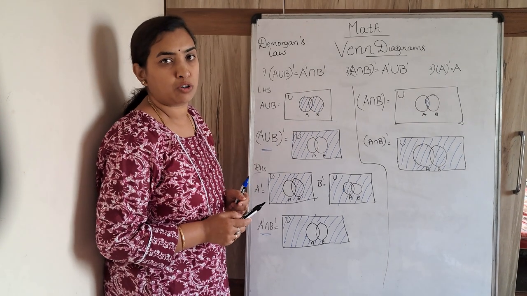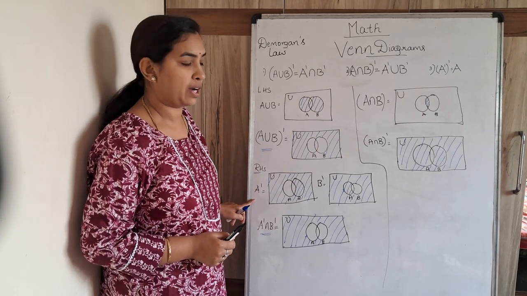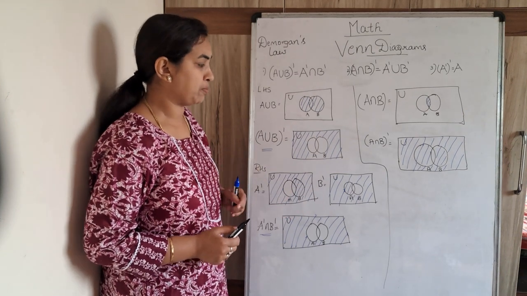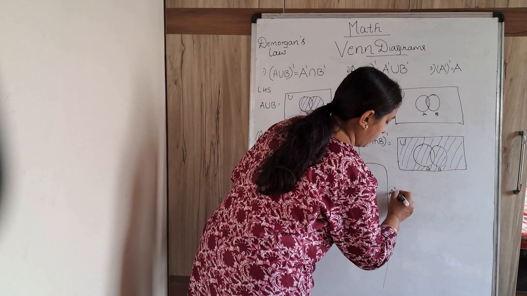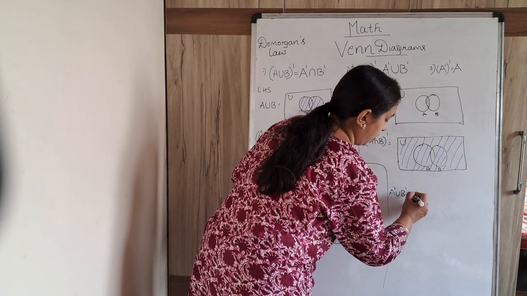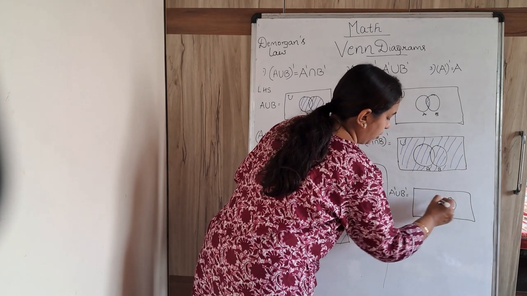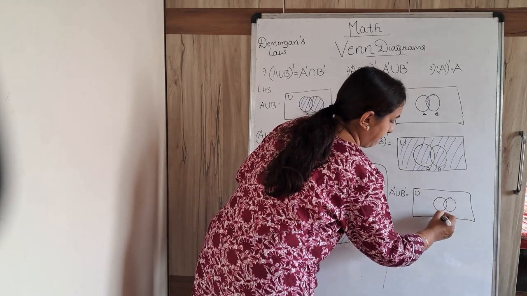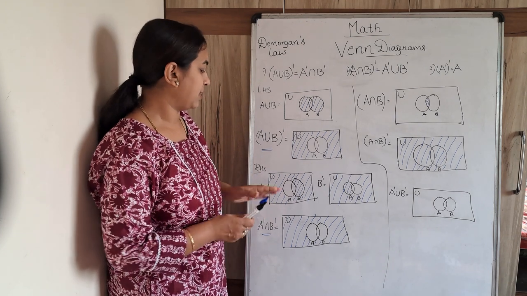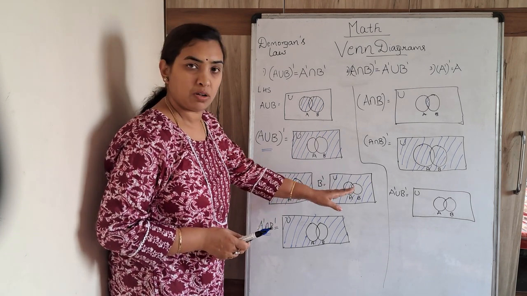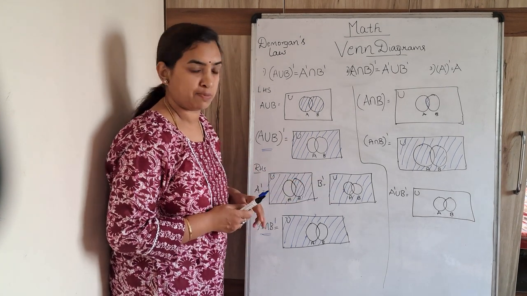Next, in order to represent A dash union B dash, we already have drawn a Venn diagram for A dash and B dash. In order to represent the union of those two, so this is our universal set. See, while writing the union of these two, here the part B has been shaded, here the part A has been shaded.